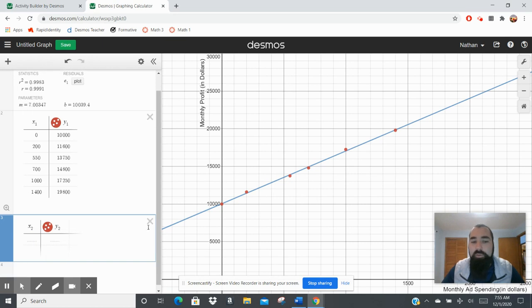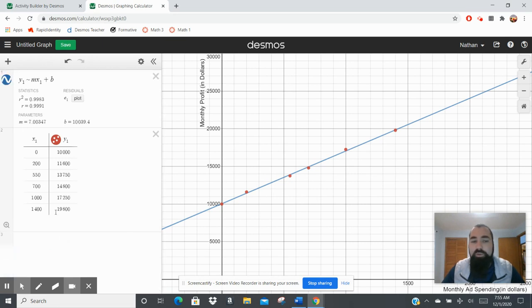I wouldn't have 2 tables up at once ever. I think that'll help you avoid that. But sometimes Desmos still will put it in there for some reason. So you just have to pay attention to what the numbers are next to your x and y, and make sure that matches the regression calculation you're asking for.